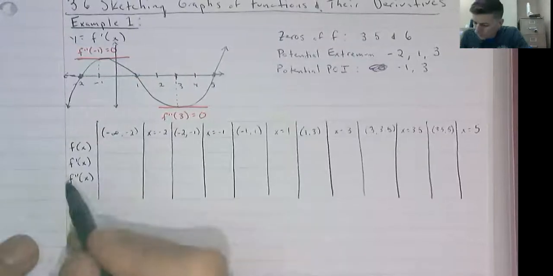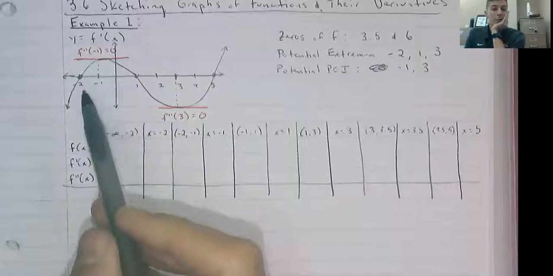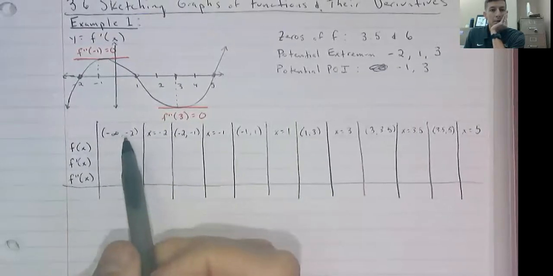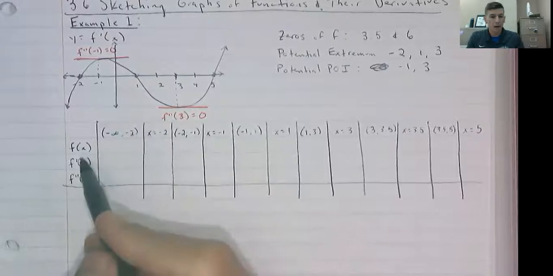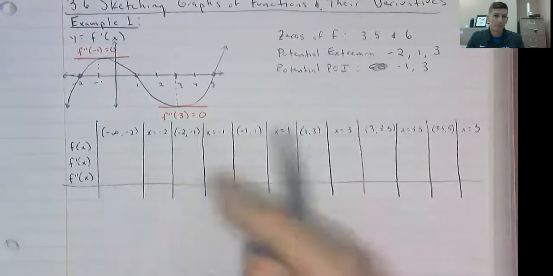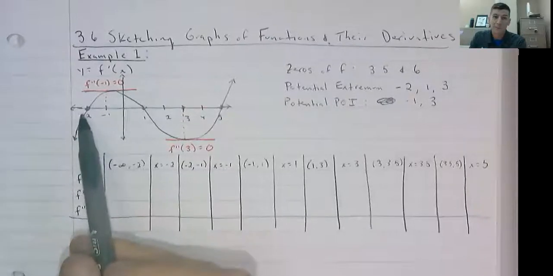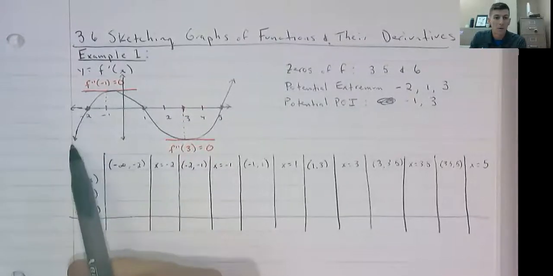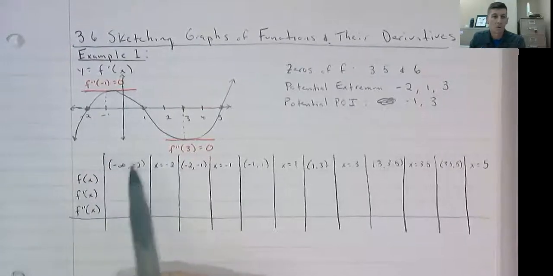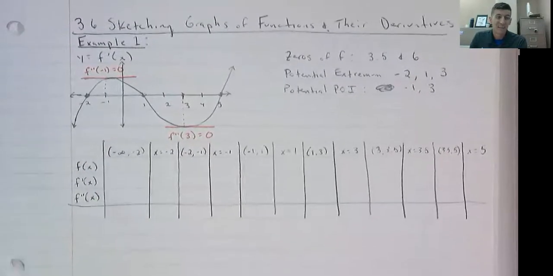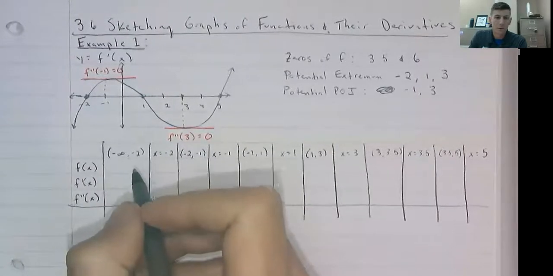So now we're going to go through left to right, and using our graph of the derivative, make calls, when possible, about f, f prime, and f double prime. For f on this interval, we're really not privy to what's going on. We don't know if the function values themselves are above or below the x-axis. So if you're unable to make a call, just leave it blank.